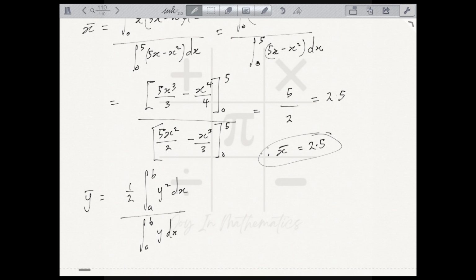So let's begin with our substitution of y, and this will give us 1 over 2 integral, our a is 0 and our b is 5, and that will give us 5x minus x squared all squared dx divided by integral of 0 to 5 of y, which is 5x minus x squared dx.